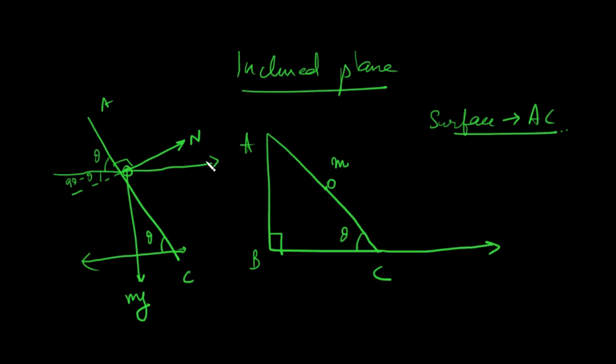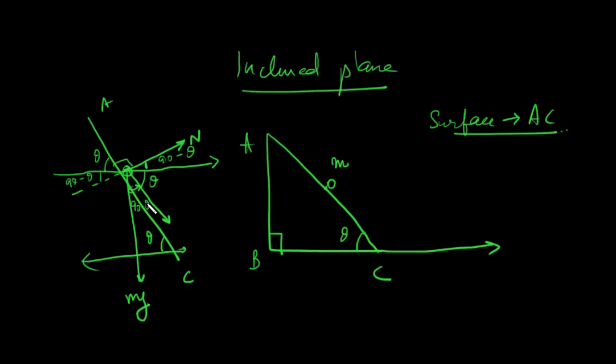Since this angle is contained between these two lines, it has to be equal by vertically opposite angles. So this is 90 minus theta, and an axis parallel to AC will be perpendicular to N, and hence this angle will be theta. And this angle would be 90 minus theta, as mg is perpendicular to the floor. Since this axis is perpendicular to mg, this will be a 90 minus theta angle.